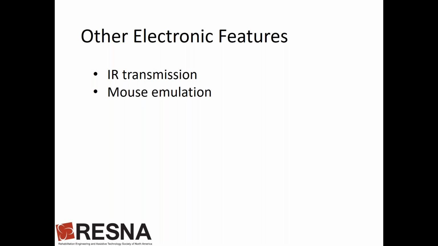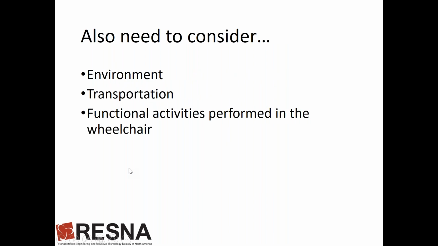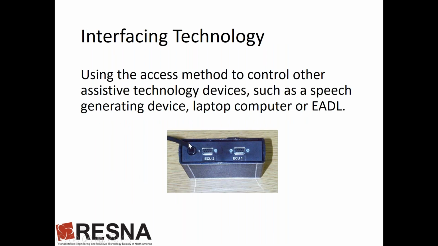Infrared transition and mouth emulation are different electronic features. A lot of times these are compatible with communication devices or like on-screen keyboards. Interfacing technology: using access methods to control other assistive technologies.